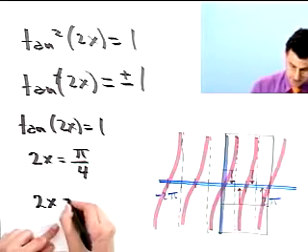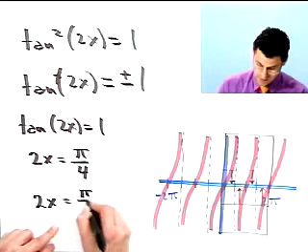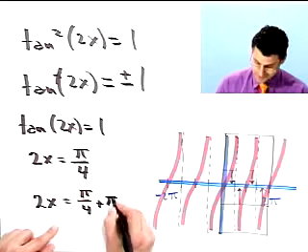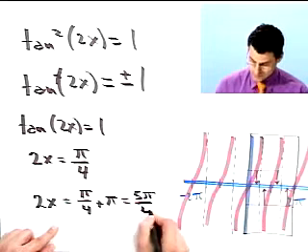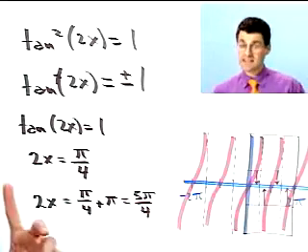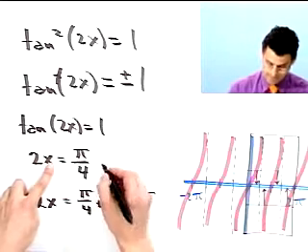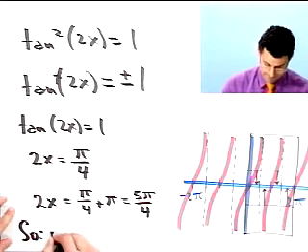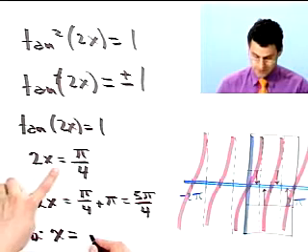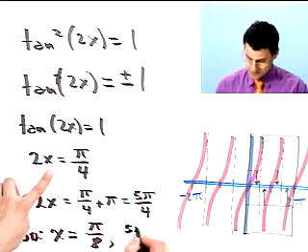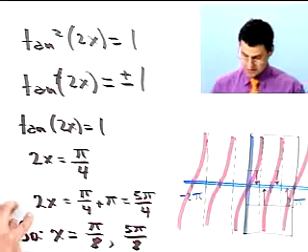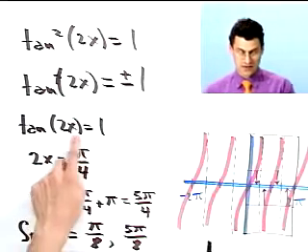So this is just going to be pi over 4 plus pi, which equals 5 pi over 4. So what does x equal? If I divide through by 2, I see pi over 8, and I also see 5 pi over 8. Those are the values where the tangent 2x equals 1.